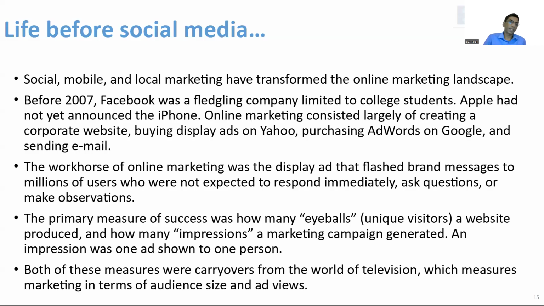So if you look at the history, life before social media, a lot of things have changed with the help of smartphones. If you look at life before 2007, 1995 was the introduction of the internet to the public. The internet was there long before, but in 1995 it was open to the public. And then all kinds of things came up.